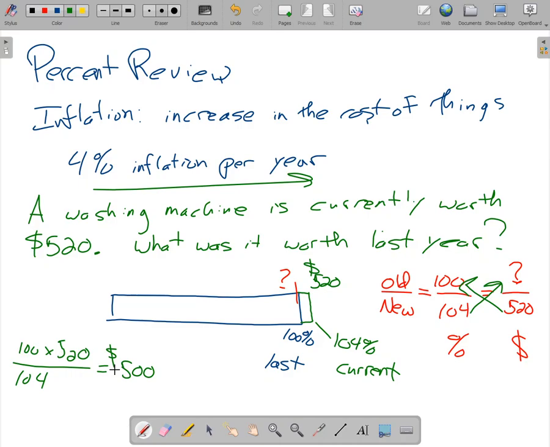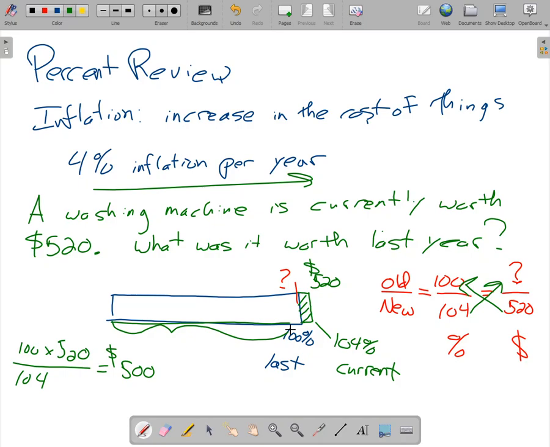The other way to do this problem would be to say, this chunk that I added on here is a 4% chunk, right? Can I break the rest of my bar up into 4% chunks? Does 4% go nicely into 100? The answer is yeah. How many 4% are in 100? 25.